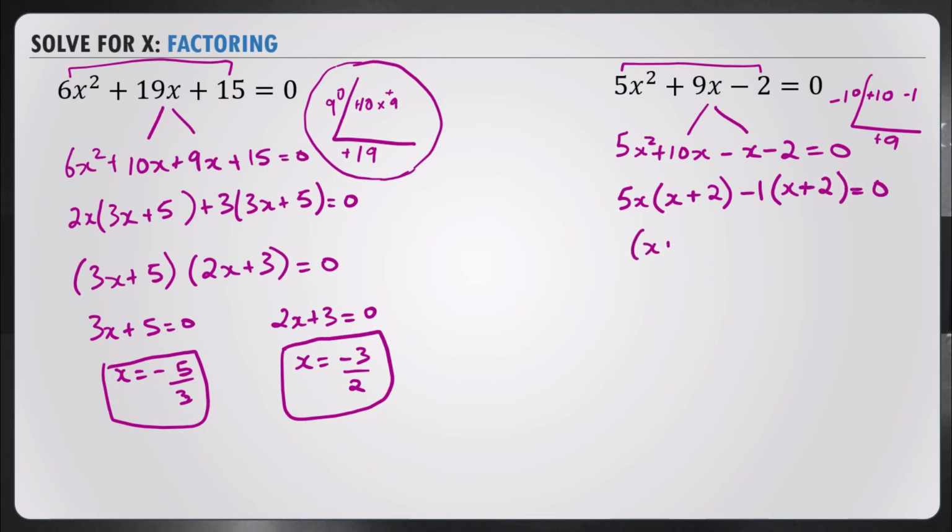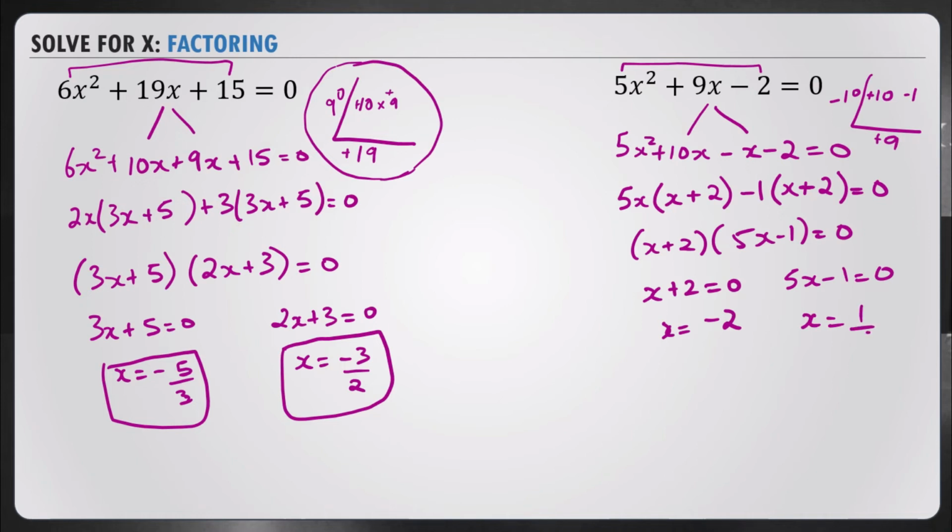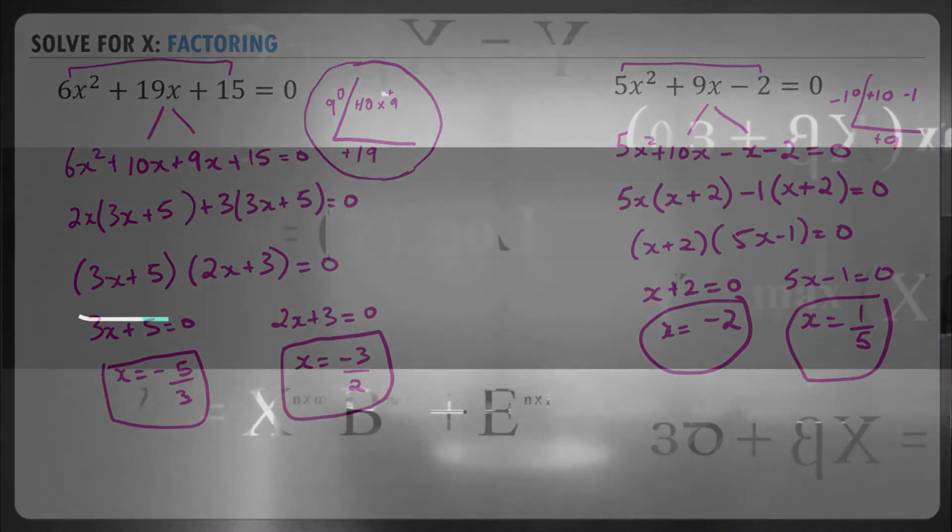Then we have x plus 2 into 5x minus 1 is equal to 0. The two solutions are x plus 2 is equal to 0, where x is equal to negative 2, and 5x minus 1 is equal to 0, and x is equal to 1 over 5. These are our two solutions.